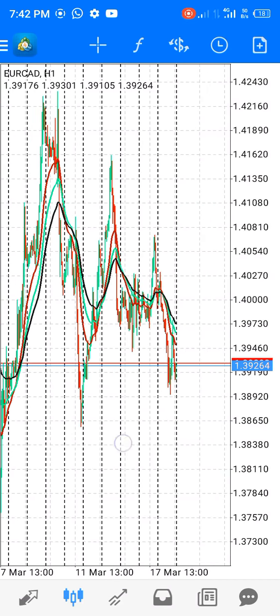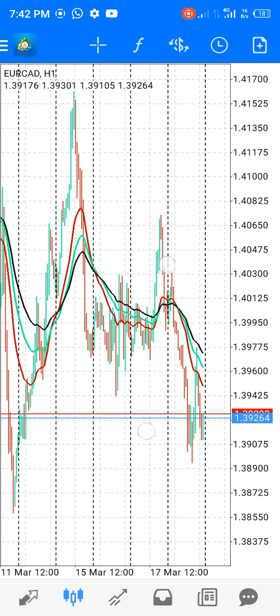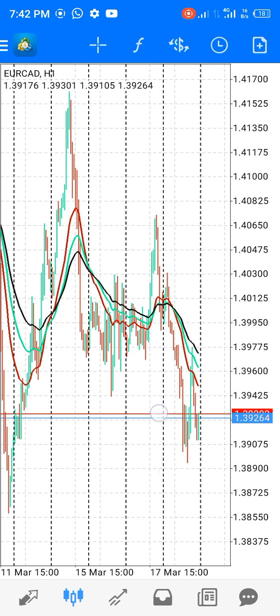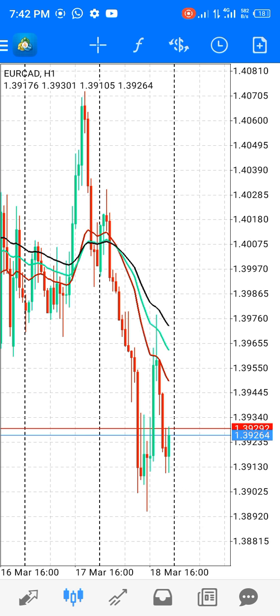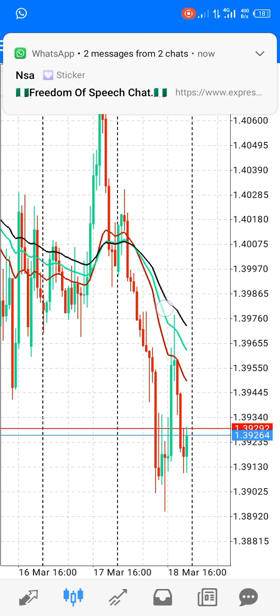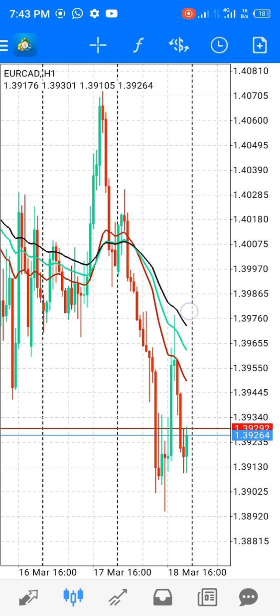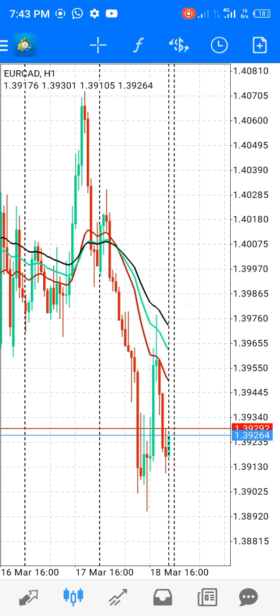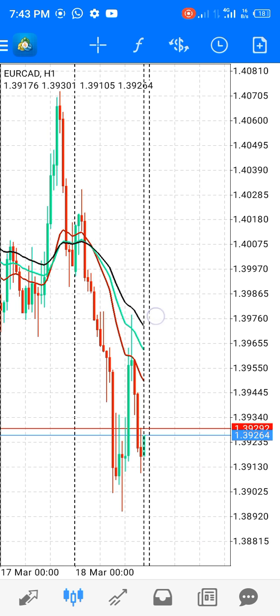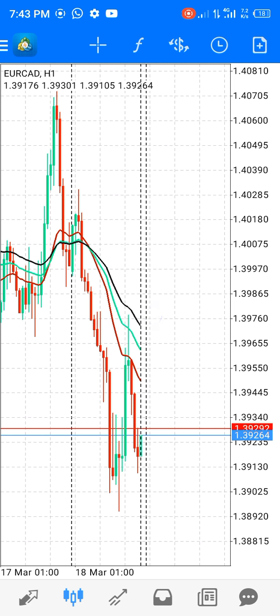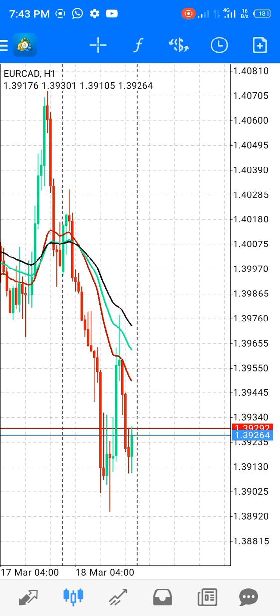But once you see these moving averages, for you to be selling your market, the black one must be above all, and then the green in the middle and the red. Now this is the entry signal for a sell trade.